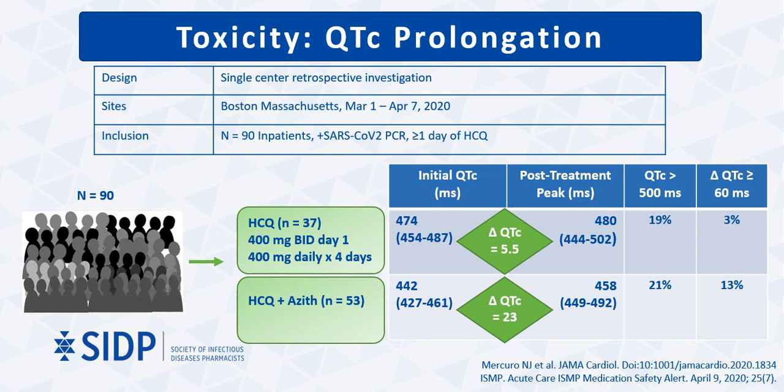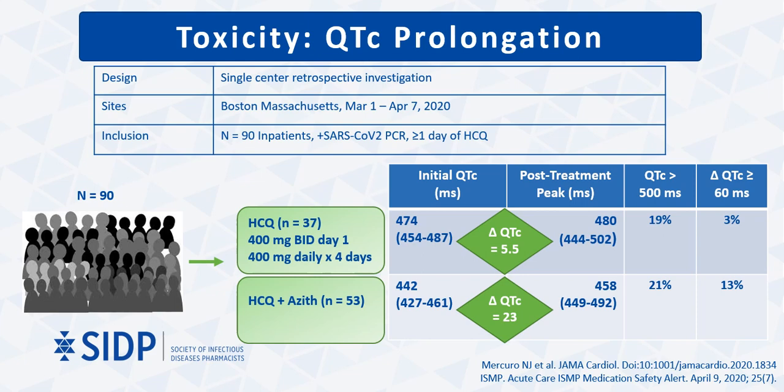The patients in each of these groups were relatively similar, although more patients in the combination arm numerically were admitted to the ICU and required supplemental oxygen compared to the hydroxychloroquine monotherapy group.